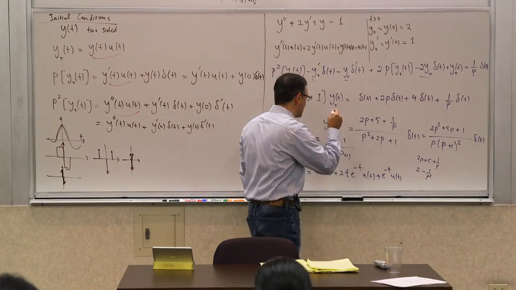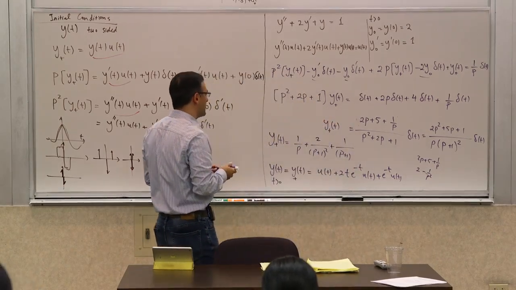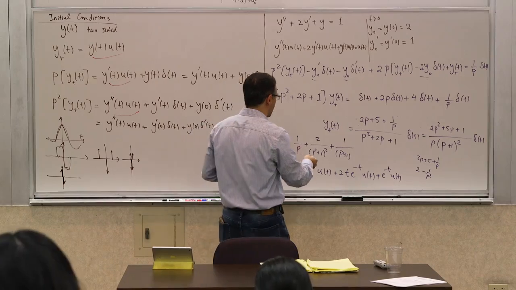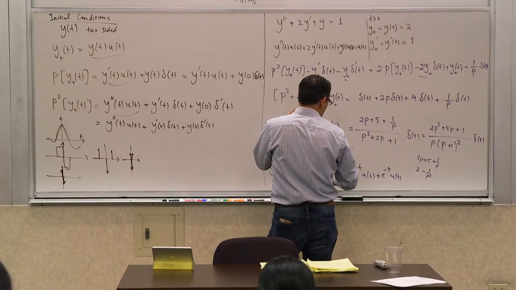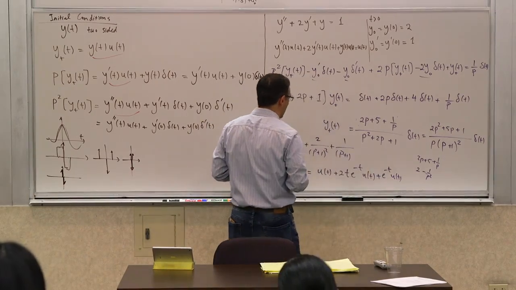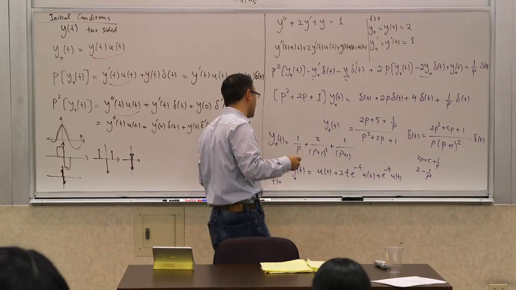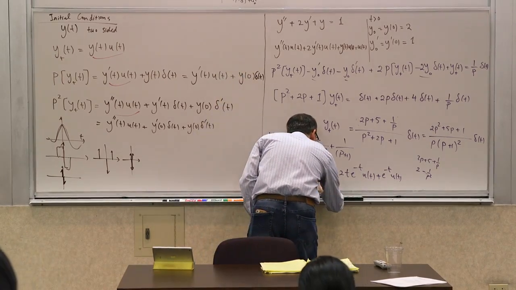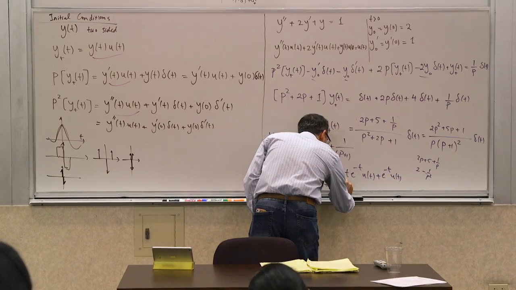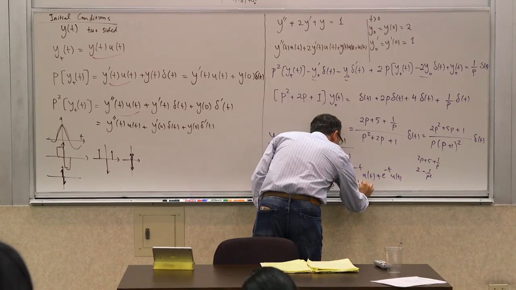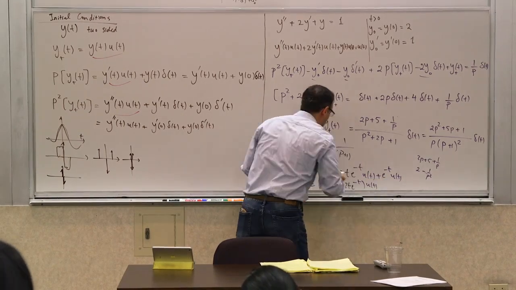So you can also write it as 1 plus e to the negative t plus 2t e to the negative t, all of that times u of t.